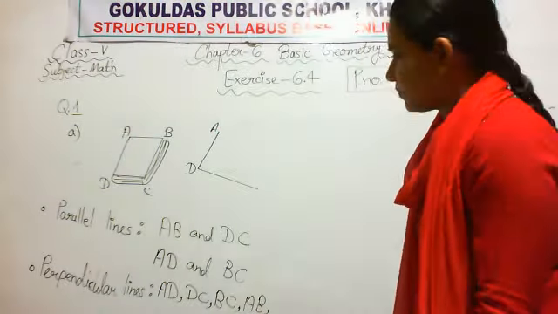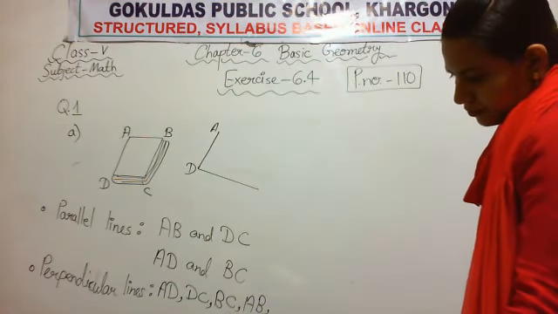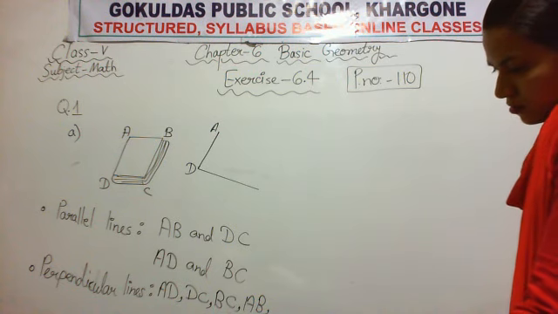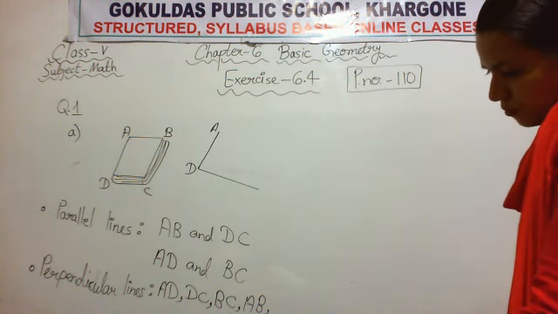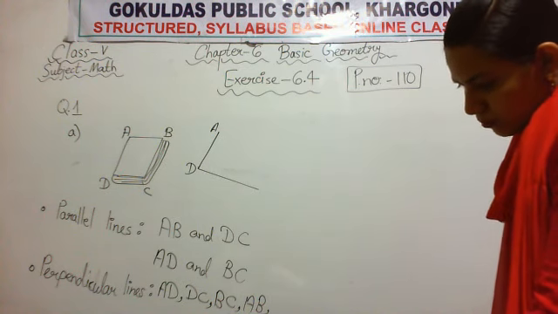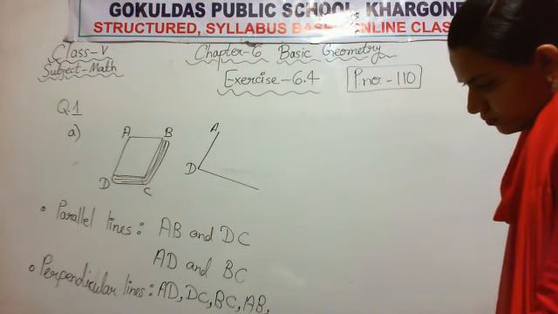So AD, AB, DC, BC, all these are perpendicular lines.